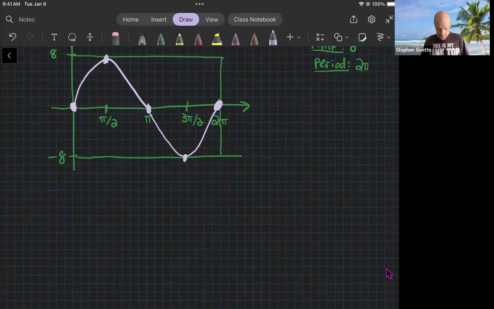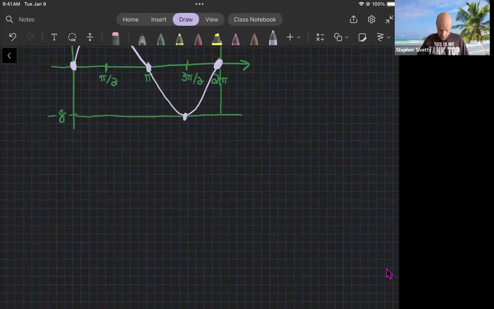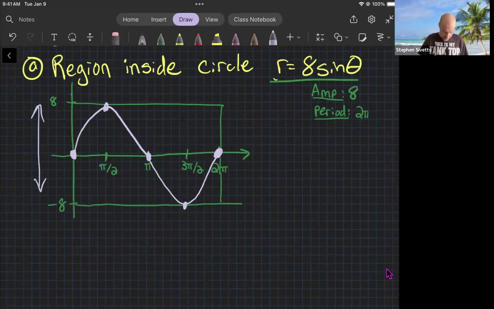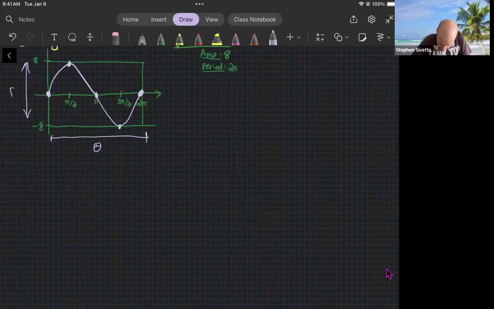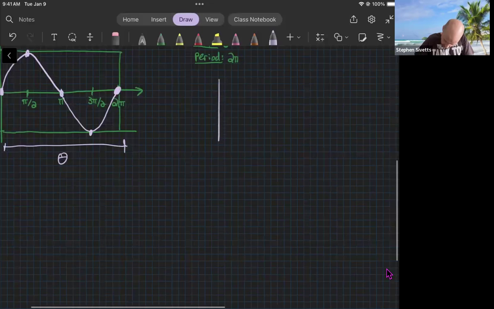Okay, so the next thing we want to do is draw out this polar graph, right? So the vertical axis determines the radius, and this axis here is theta, right? So our polar graph will have the circle of radius 8, right?